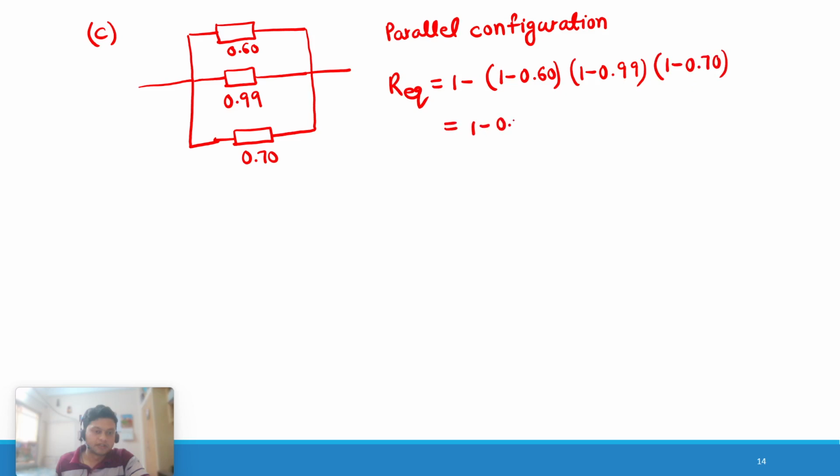So 1 minus 0.4 into 0.01 into 0.3. So it will come as 0.9988.